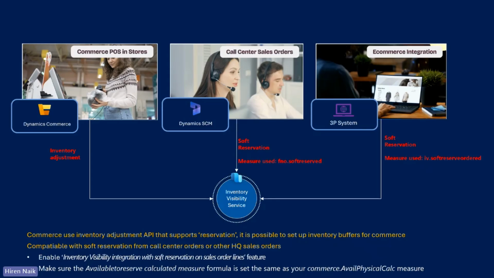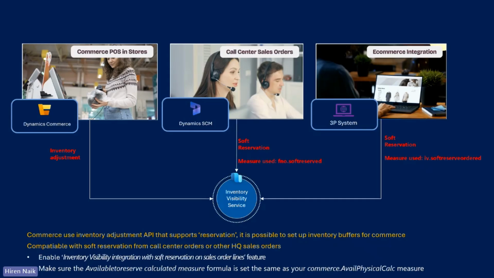For the Dynamics Commerce and Inventory Visibility Service integration, it is the on-hand change APIs that are leveraged in IVS. I usually call those the inventory adjustment APIs.